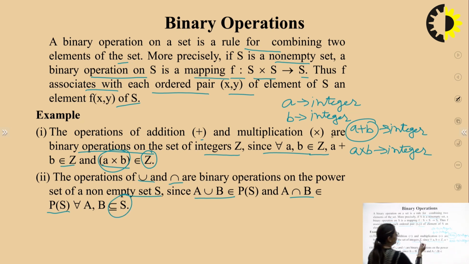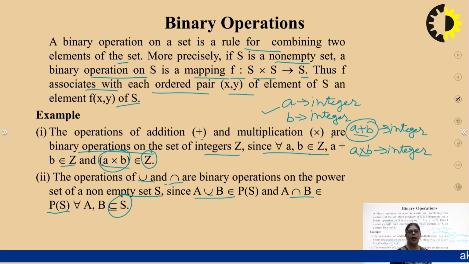Like in the binary operations where addition and multiplication are the same, if the operands are the same, then the product and sum will also belong to the same class of integers. Similarly is the case with the sets also. If A and B belong to the power set, each a subset of S, then their union and their intersection will also belong to the power set.